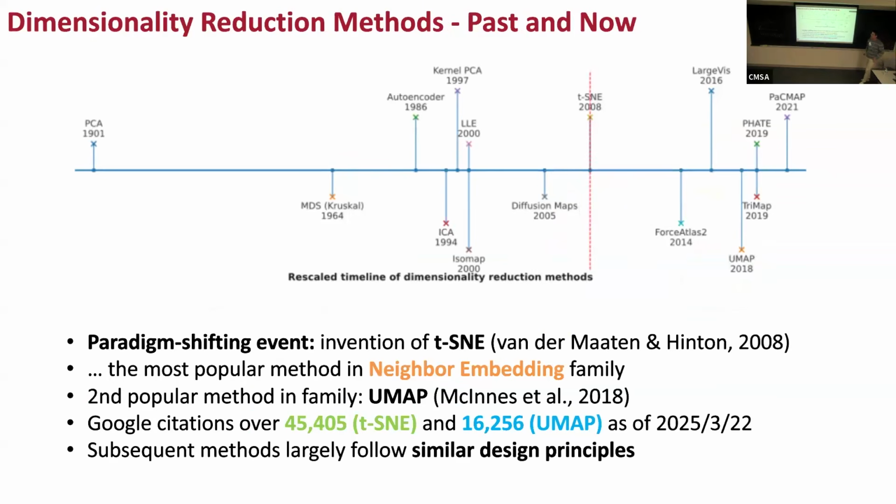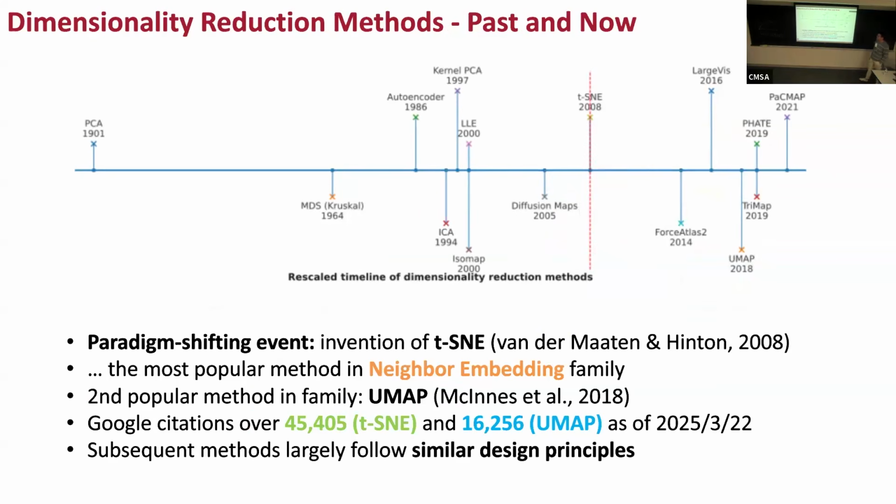To locate this family of embedding methods along the history, we can see a timeline of a group of algorithms. At the beginning of the 20th century, we have principal component analysis.